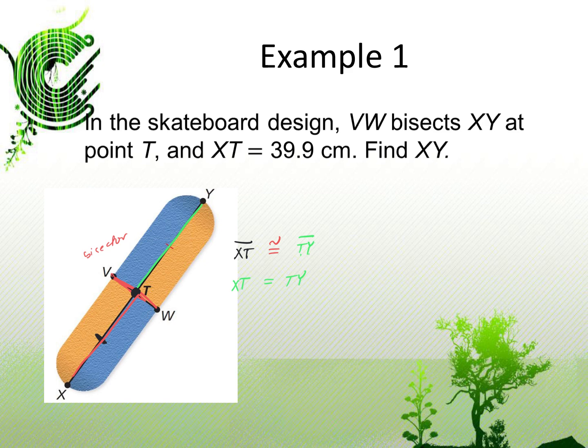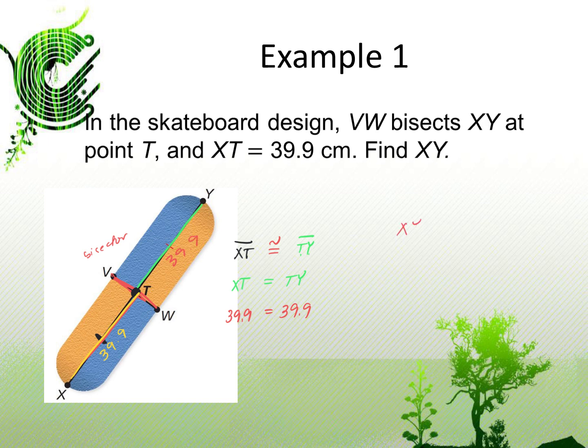So if they give me more details and they tell me that XT is 39.9, basically they're telling me that this segment right here is 39.9. They want to know what XY is. Well, let's think about that. If XT equals 39.9, TY also equals 39.9.